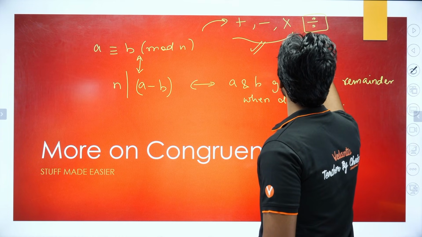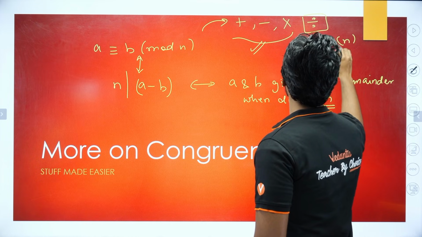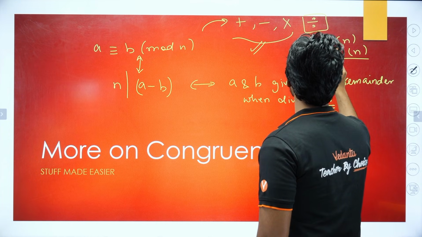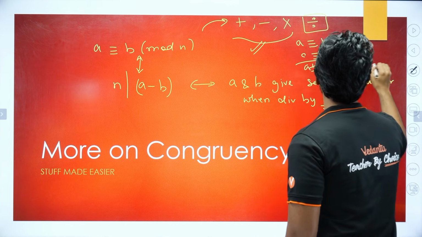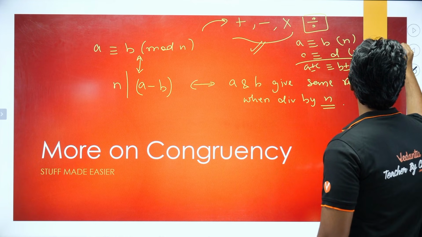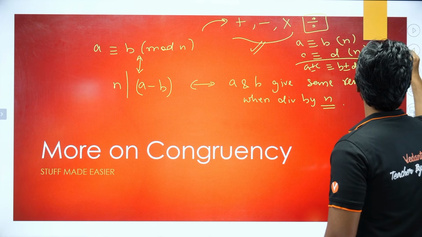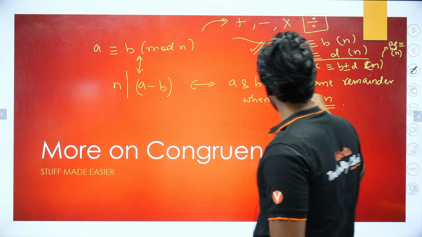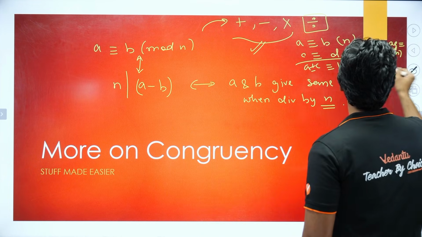If A is congruent to B mod n, and C is congruent to D mod n, then A plus or minus C is congruent to B plus or minus D mod n, and AC is also congruent to BD.